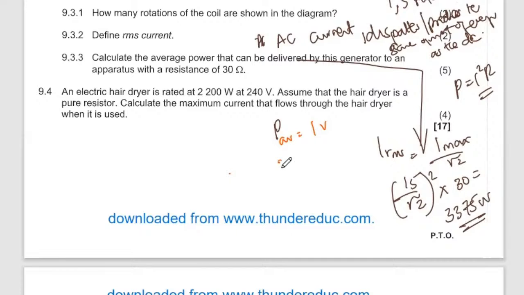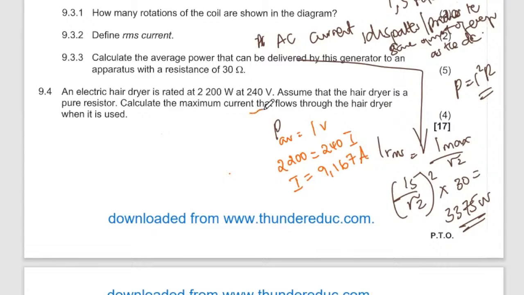Now, what is our power? It's 2.2. What is our current? Our current we don't know, but we have the voltage, which is 240. So I'm going to say 240 times I. Then when I divide 2.2 by 240, I'm getting 9.1667 amps.